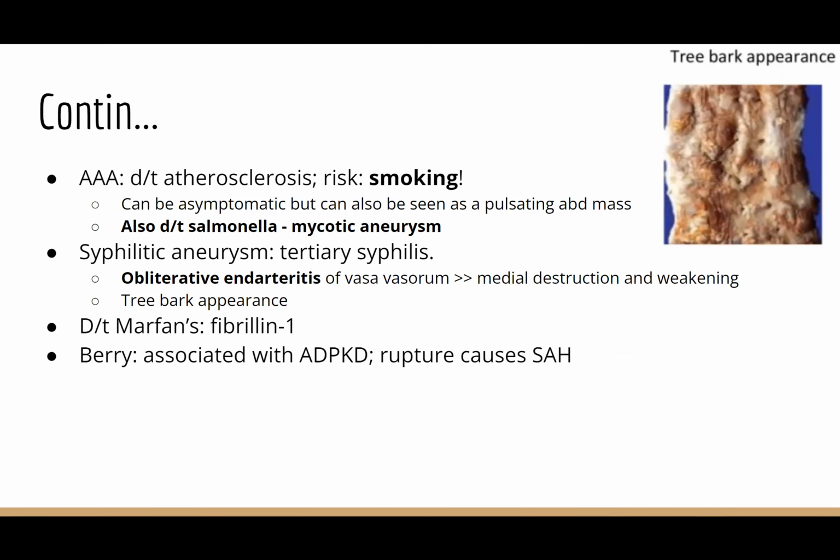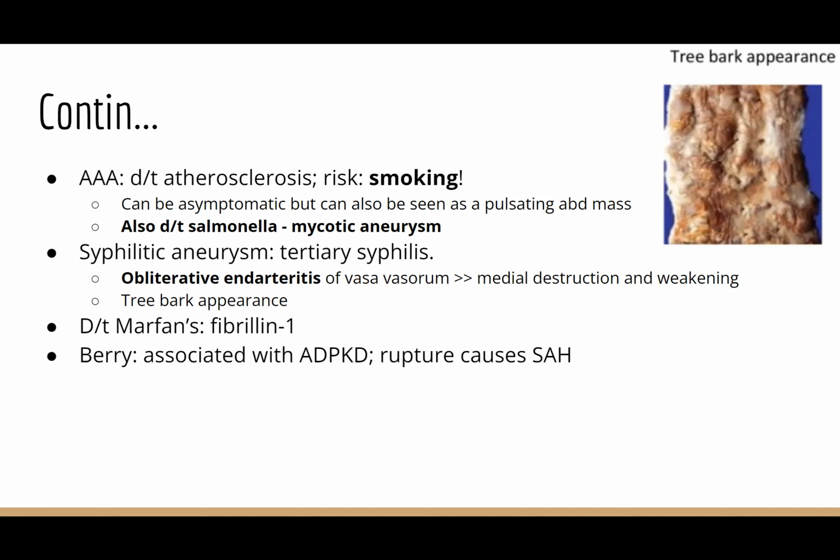But you need to understand that people get that confused all the time, how the AAA, so abdominal aneurysm, is due to smoking. So smoking leads to atherosclerosis, leads to weakening, and you get the AAA versus the ascending, that's going to be hypertension. Can be asymptomatic, but you can also see it in a pulsating mass. If you have a ruptured abdominal aneurysm, not good.